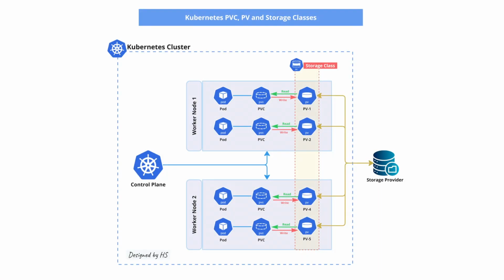And the storage class sits above all of that. Right. The storage class is essentially the blueprint. It tells Kubernetes exactly how to provision the storage, like which driver to use, and most importantly, the binding mode. The setting WaitForFirstConsumer is a lifesaver here.